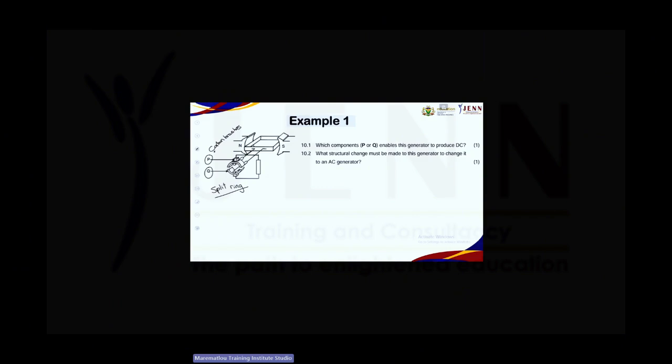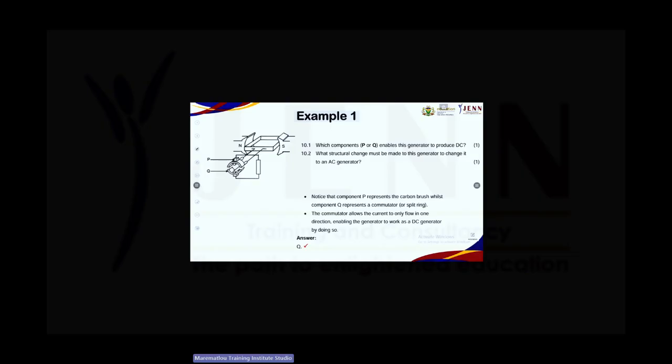And now look at your second question. They ask, what structural change must be made to this generator to change it to an AC generator? So remember now, split ring and slip ring. This is a direct current generator, and we want to change it to an AC generator, which means we have to take this split ring and replace it with a slip ring.